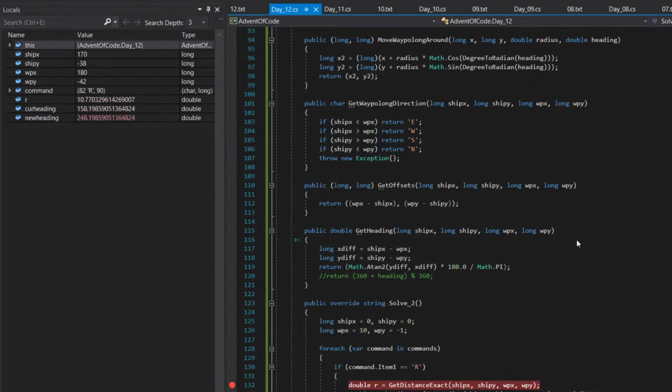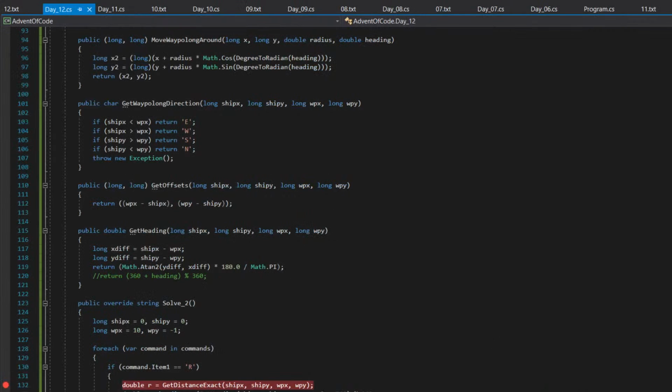Let's see. Now we'll get there eventually. Slow and steady, I guess. So, current heading is 158. We are to the right and above. So 158 does not sound right. What are we getting here?